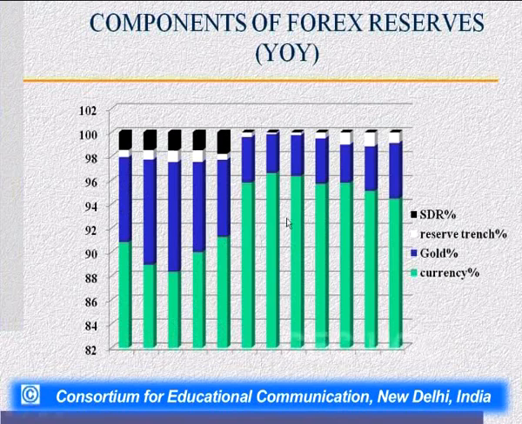You can analyze that the largest part is the foreign currency assets, the green one. So first we identify the components of the foreign exchange reserve. Secondly, we identify which component covers the highest percentage in total reserves. So these figures indicate the percentage of each component of the forex reserve.